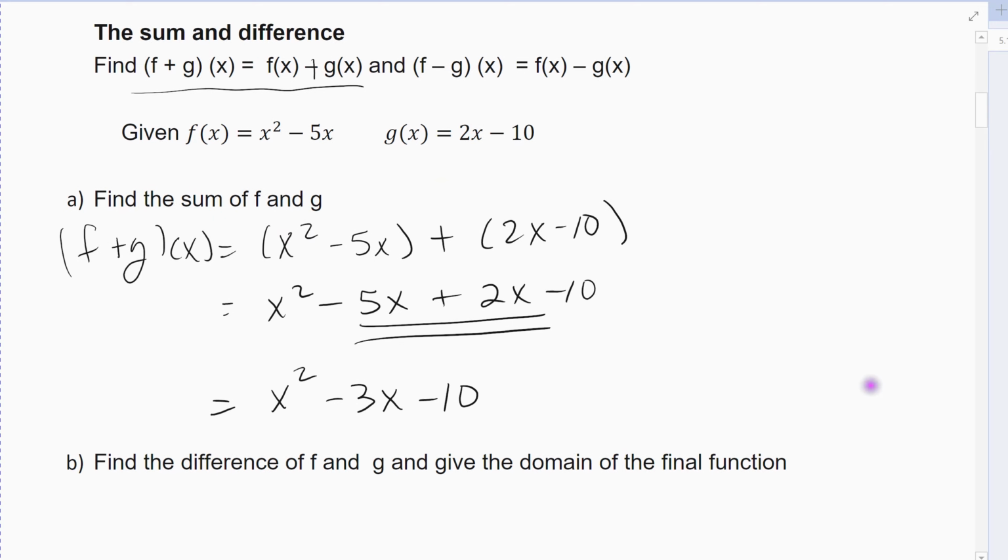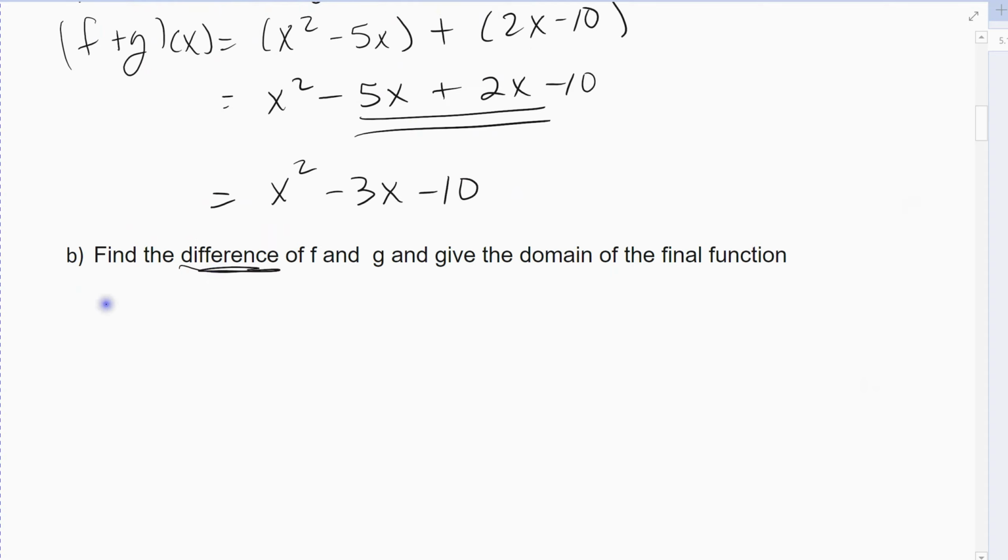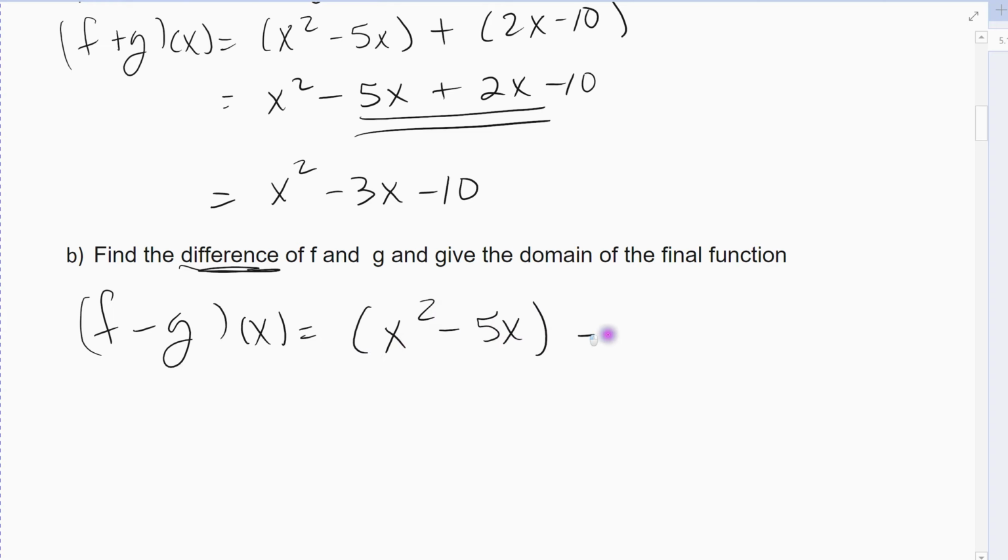Now I'm going to do the same thing, but now I'm going to subtract. The difference means subtraction. So f minus g of x, and this is where the parentheses are important. I take my first function, x squared minus 5x, subtract the second function, 2x minus 10. This set of parentheses is vital because it reminds you that you have to distribute that negative.